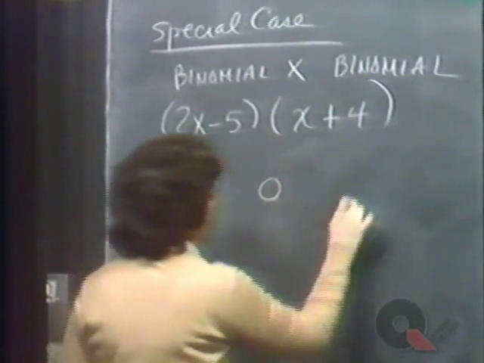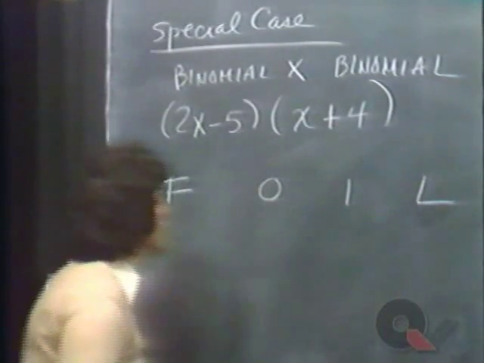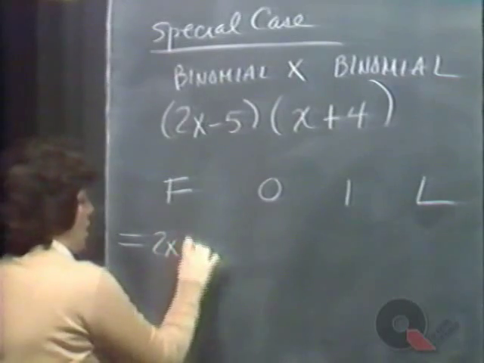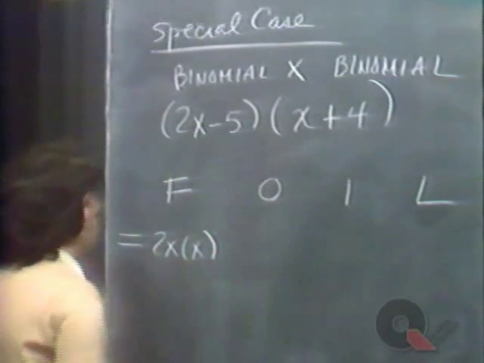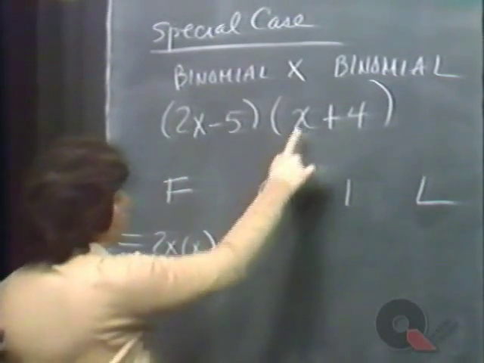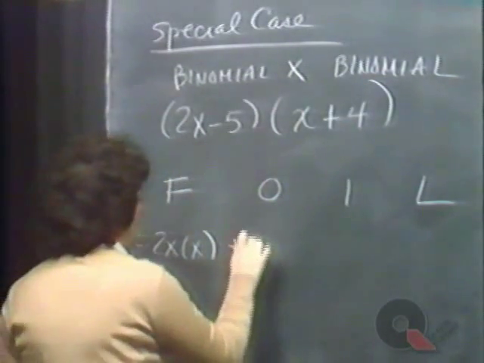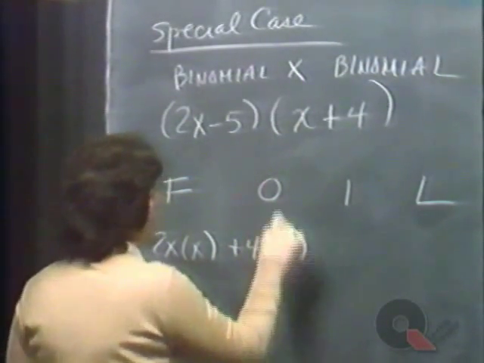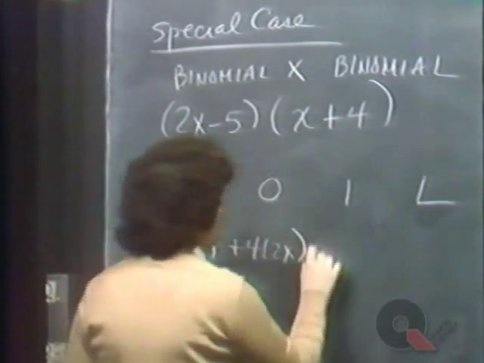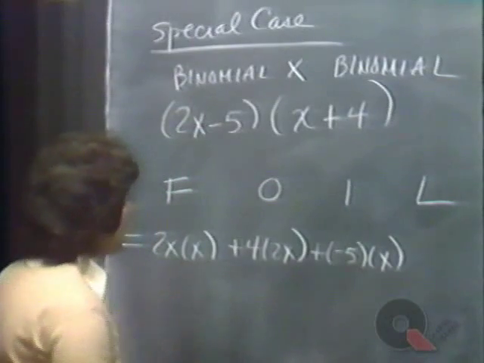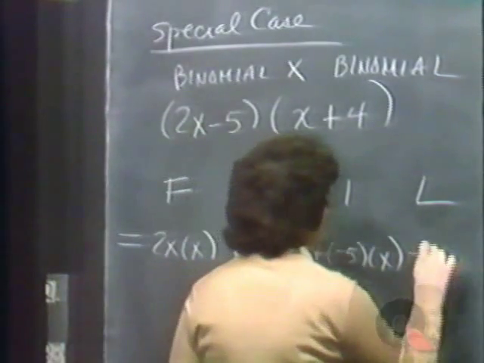First, outer, inner, last. We multiply the first terms together, 2x and x, the first terms in the two parentheses. The outer terms, 4 and the 2x. The inner terms, the minus 5 and the x. And the last terms, the minus 5 and the 4.